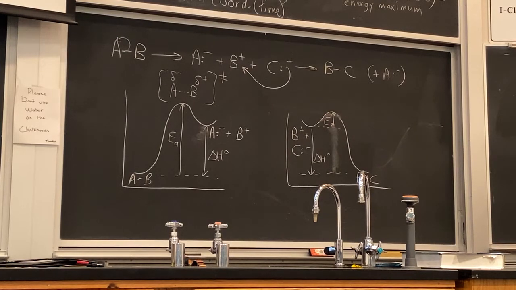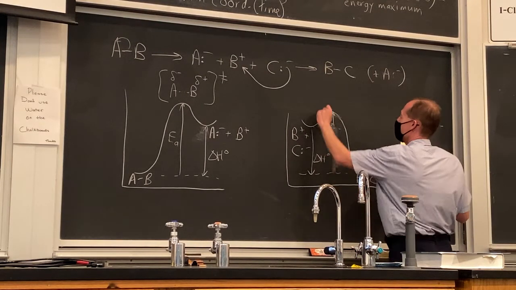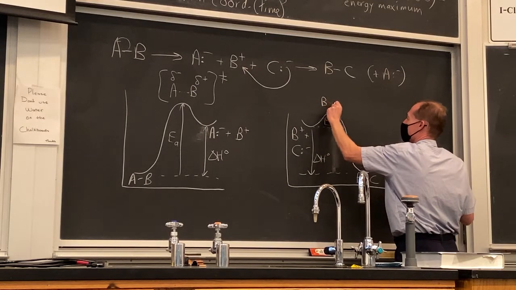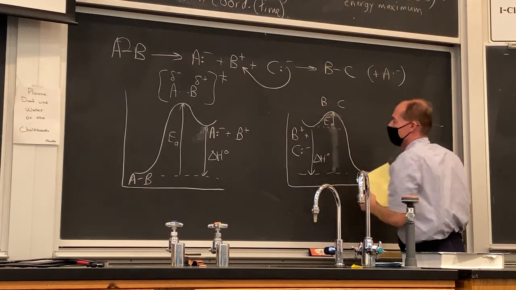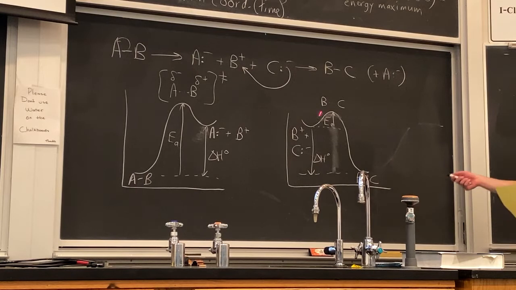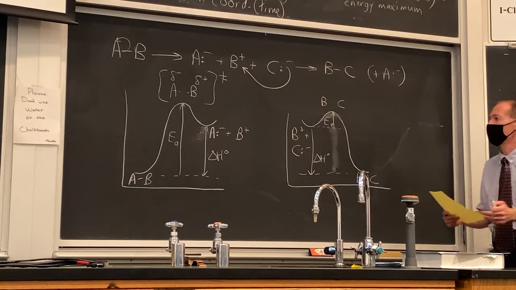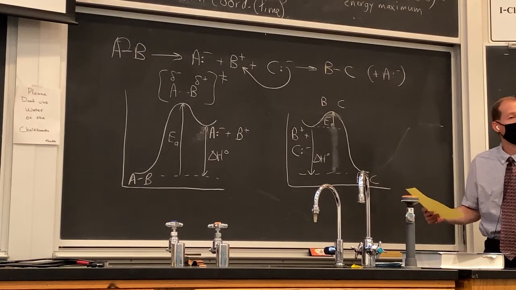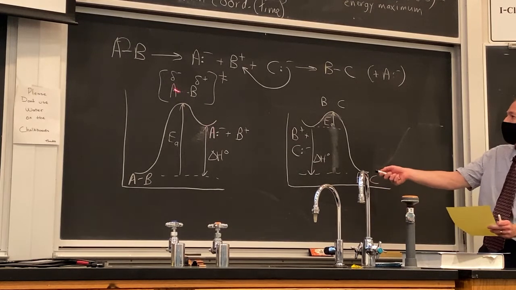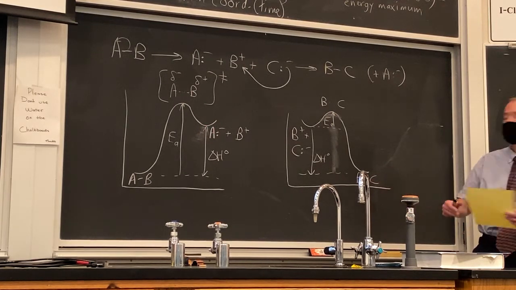Okay. What will the transition state look like? Okay, partial bond between B and C. As we're proceeding through the transition state, is this partial bond getting stronger or weaker? It's actually getting stronger. What about the partial bond in this transition state? Weaker.